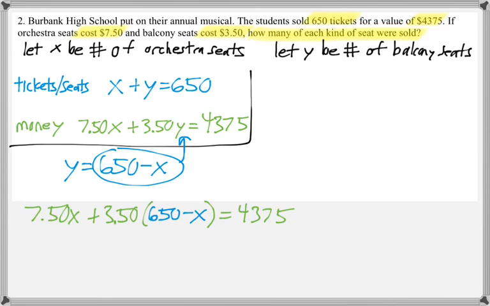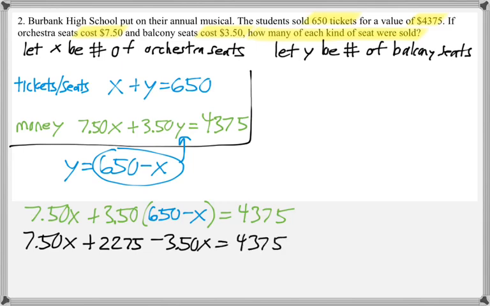So this is going to be 750x plus 2,275 minus 3.50x is equal to 4,375.